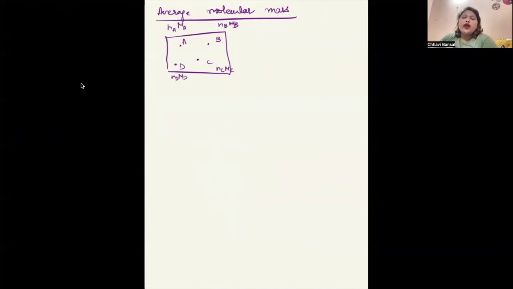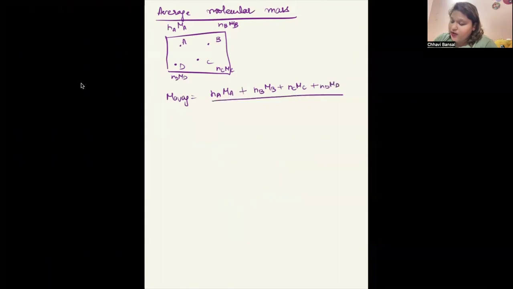Okay. Now what we have been asked for is M average. What is the average molecular mass of this mixture? So what we can do is multiply Na, not mole fraction, sorry, the number of moles, into its molecular weight Ma, plus Nb into Mb, plus Nc into Mc, plus Nd into Md, divided by Na plus Nb plus Nc plus Nd.